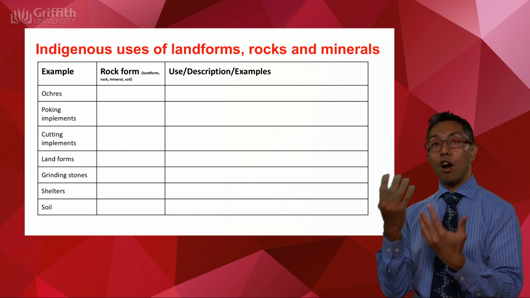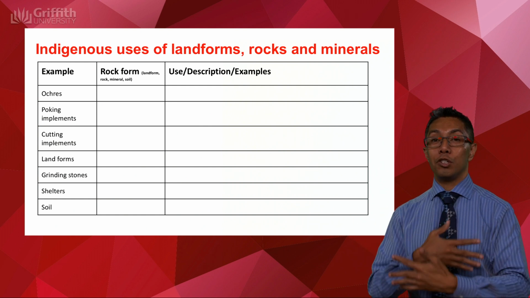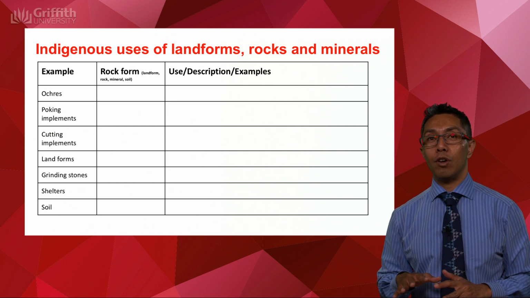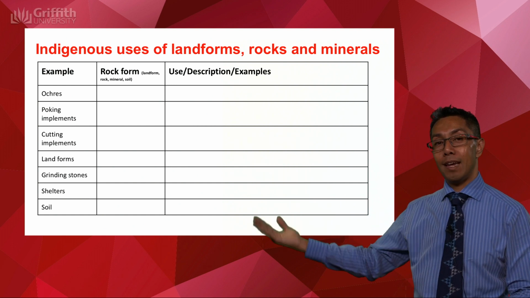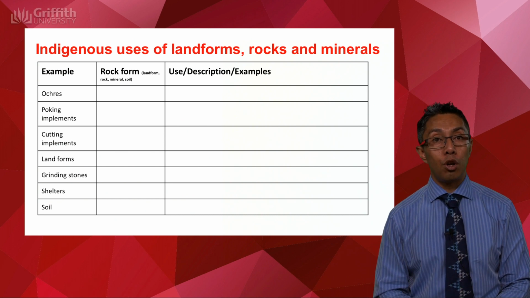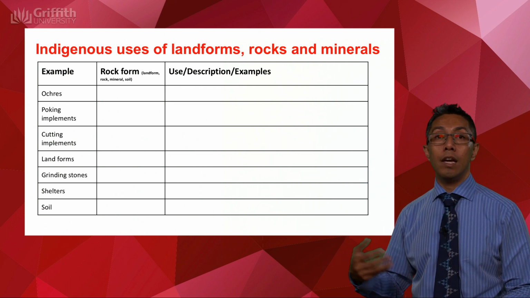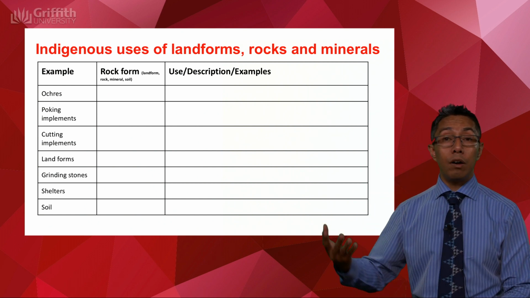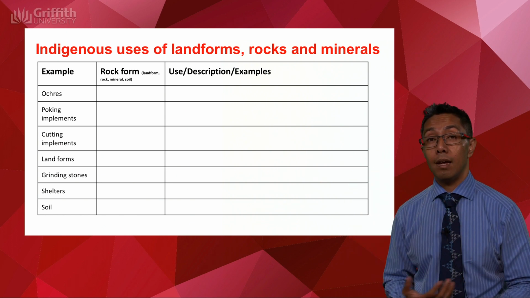So it's that kind of archaeological and geological evidence coming together to indicate that there were complex trade routes crisscrossing all of Australia. But coming back to geological use, here are some common examples of the ways that Indigenous people use their geological knowledge to do a whole range of tasks: to perform ceremony, to make clothes, to hunt, to move around, to navigate their way throughout country, to grow crops and a whole range of things.